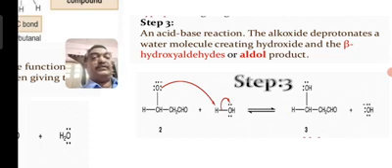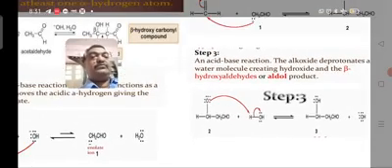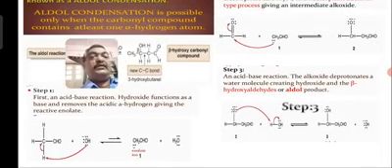That is, the H will add to O minus to form OH, and RCHOH CH2CHO. That is, the OH group and the aldehyde group are present in the same molecule. This is called a beta hydroxy aldehyde. That is your aldol. Okay, so these are the three steps which take place in aldol condensation.